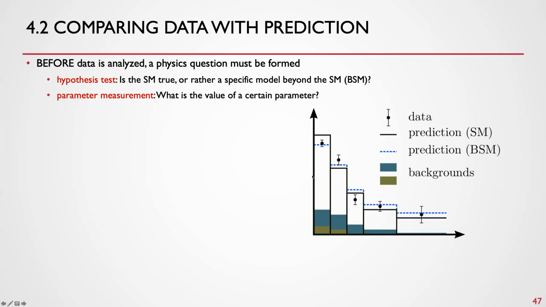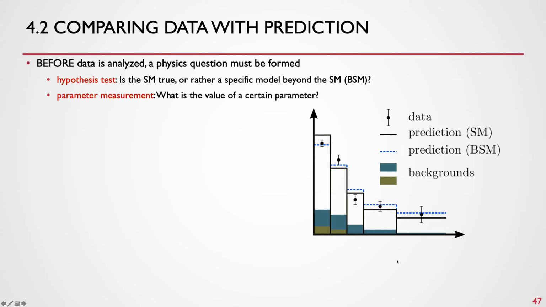If you look at most of the diagrams that compare data and simulation in publications in particle physics, you will find data. Data has error bars. The error bars are statistical. I did not put units here because this is a schematic example.